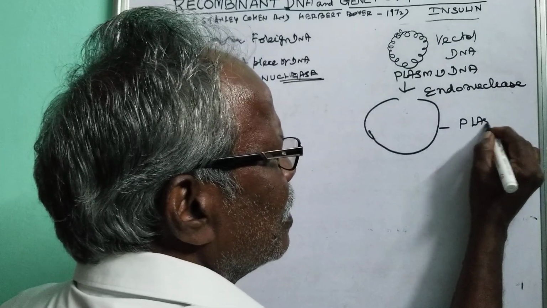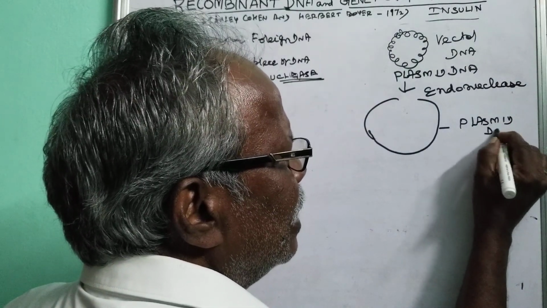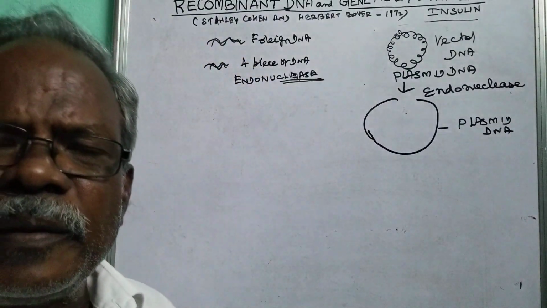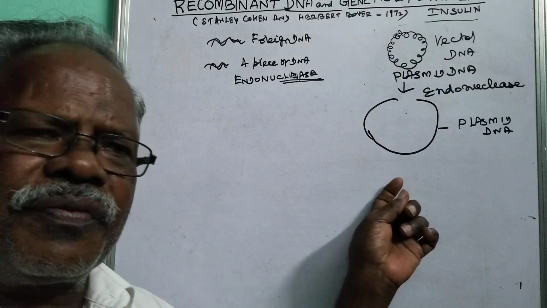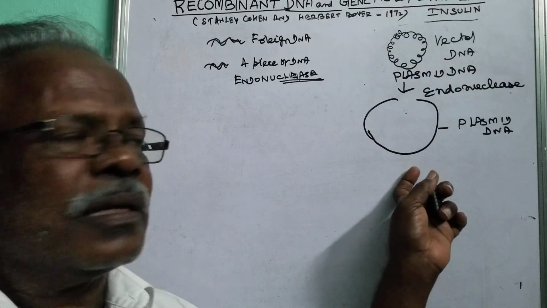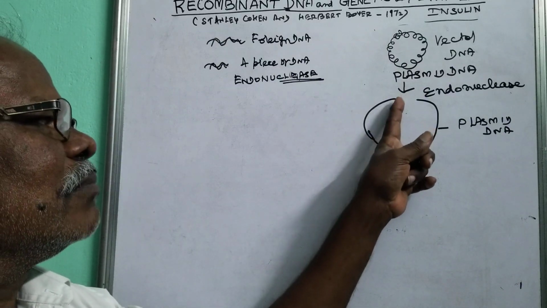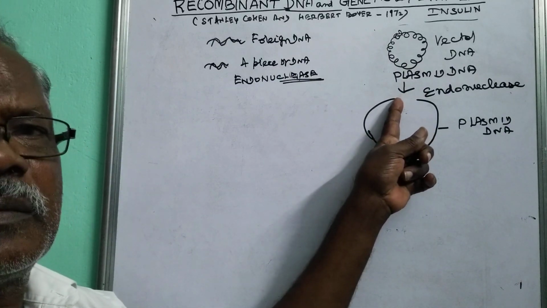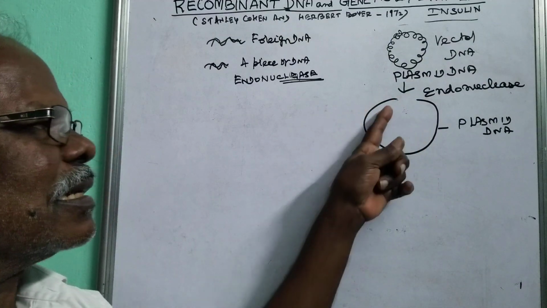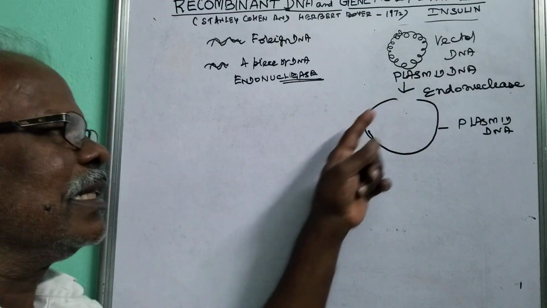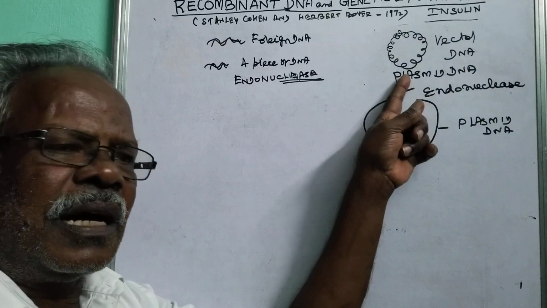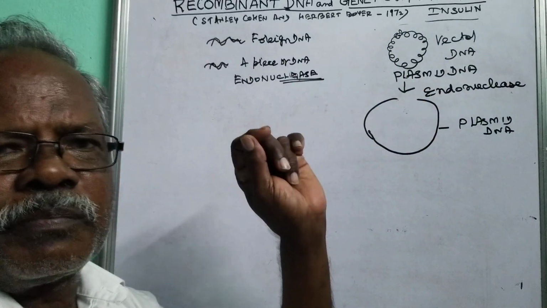Plasmid DNA is the DNA obtained from the bacterium. So a small portion of this plasmid DNA is cut with the help of endonuclease, otherwise called molecular scissor.